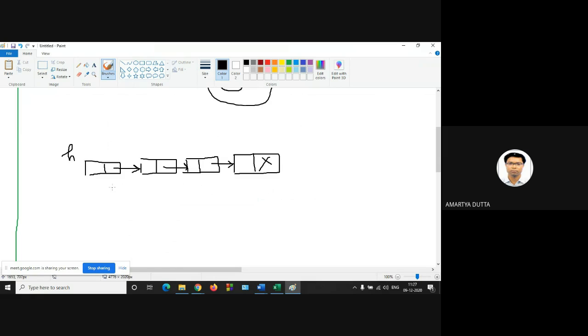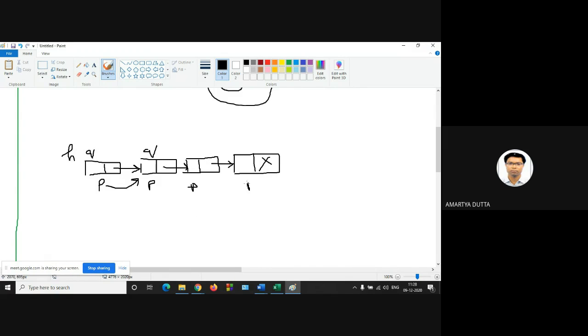Initially this will be your p, and then q is at the first one. Next, p is pointing at this position, so p will now be at this position. Again forward p, and then q will be at this position.